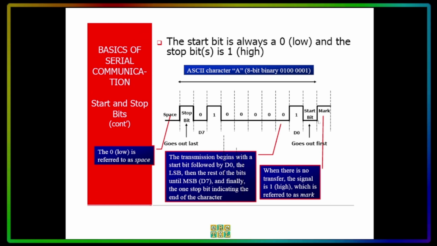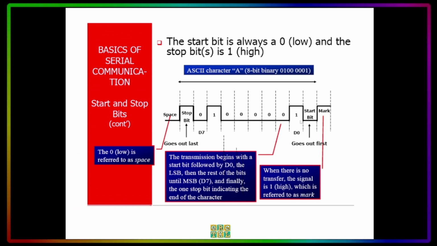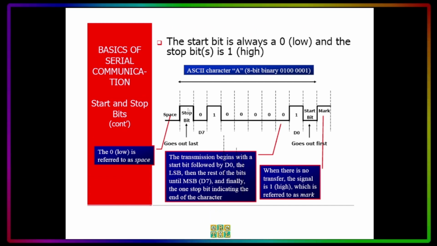This is the mark, and this is the start bit, and it goes out first. The start bit signals the start of the transferring of data. Then when it reaches the 8th data bit, D7, we have a stop bit here, and this will go out last.